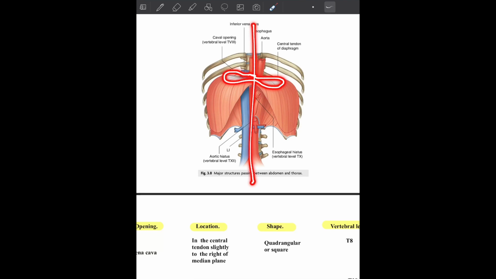So here is the vena cava. It is located slightly right of the median plane. It is quadrangular in shape. It is located at the vertebral level T8.